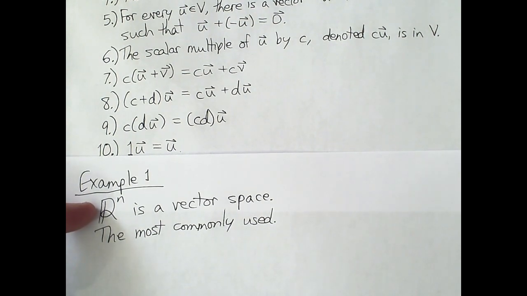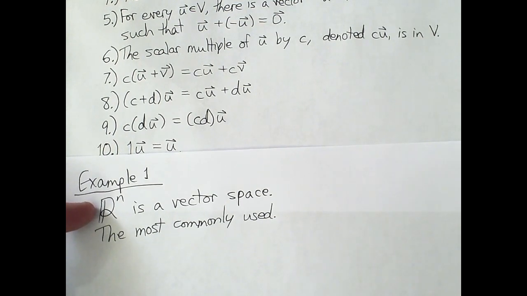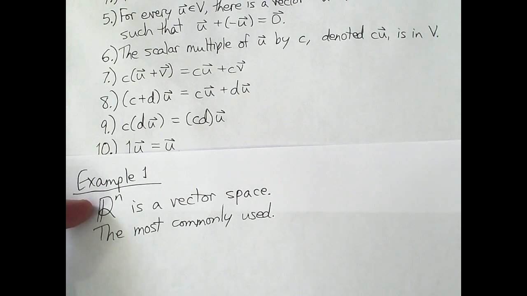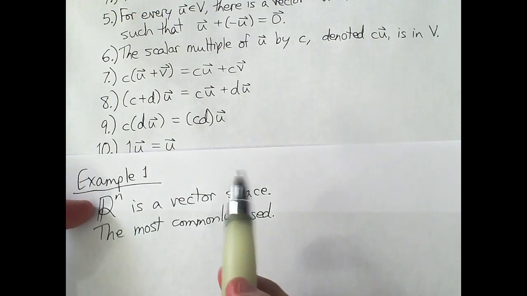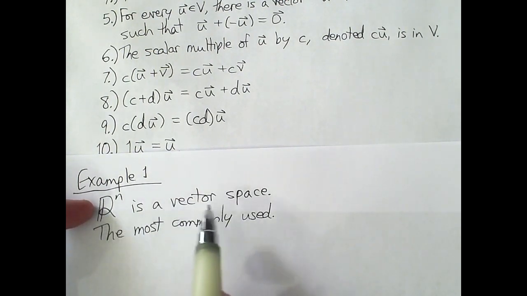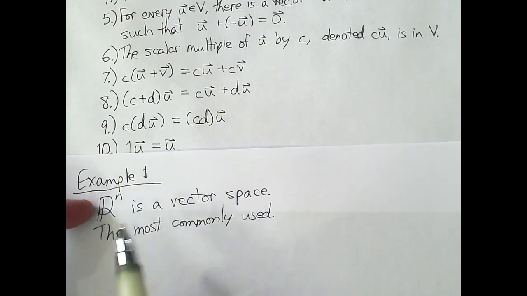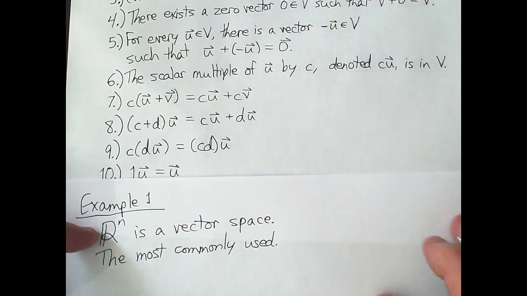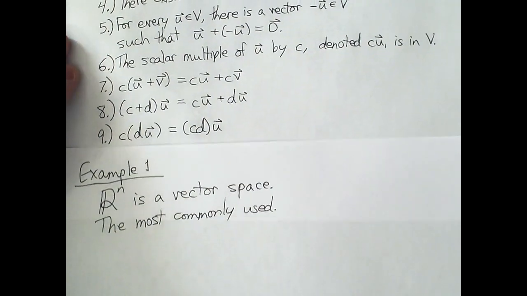But now's the time to take a step back and say, is there a different way to do things? Are there other types of sets that kind of share some of these behaviors of Rn?